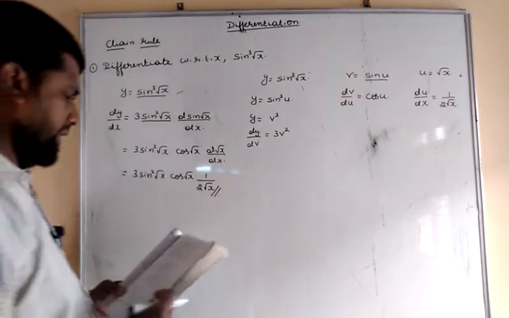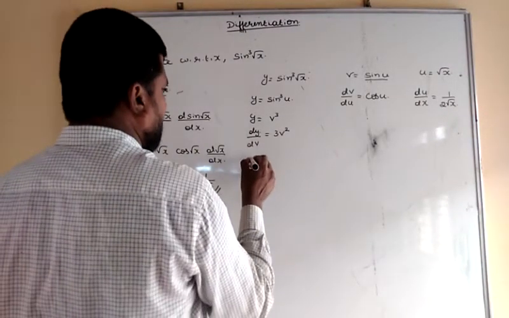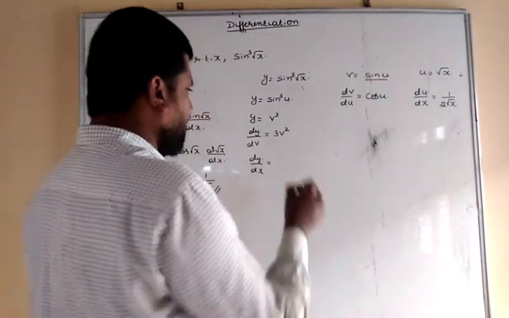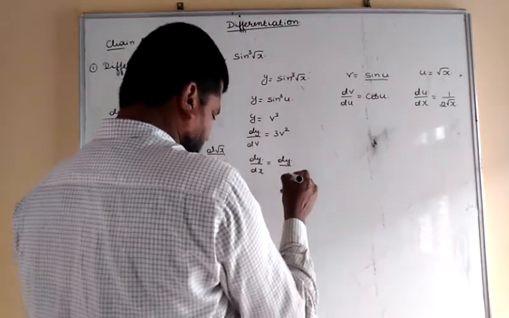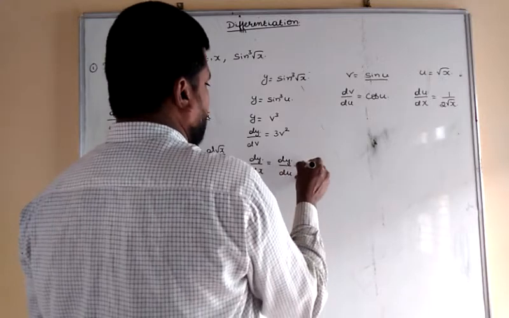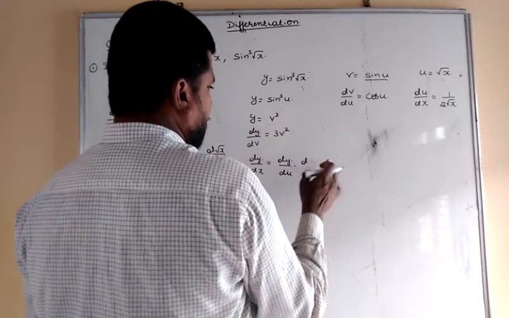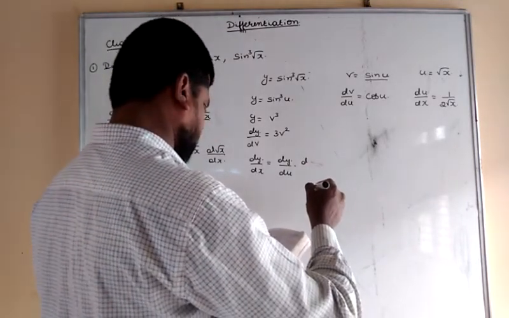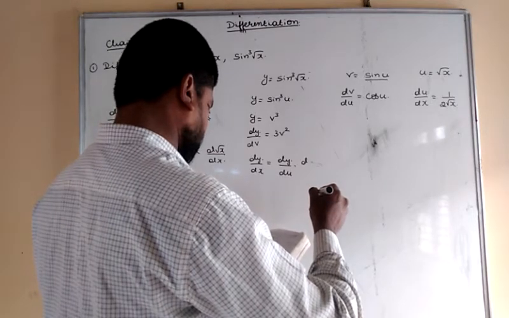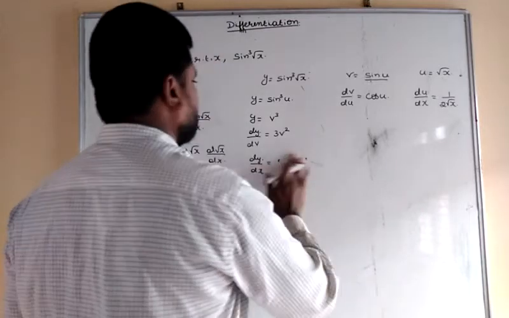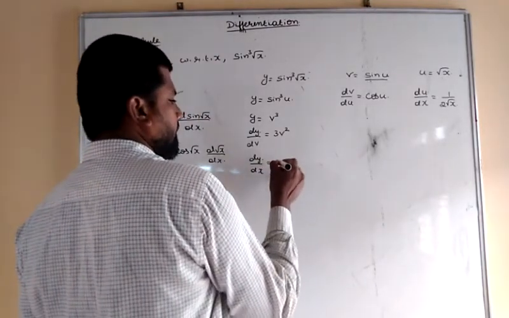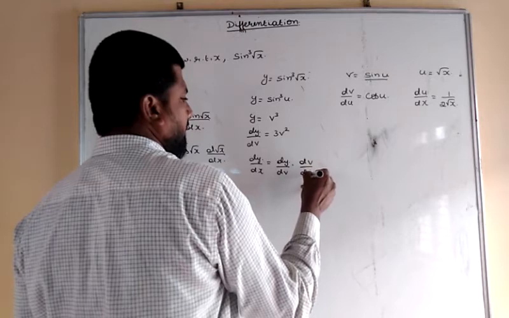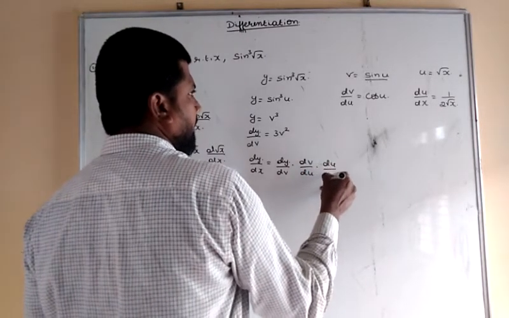So you have to find the differentiation of y with respect to x: dy by dx is equal to dy by dv into dv by du into du by dx.